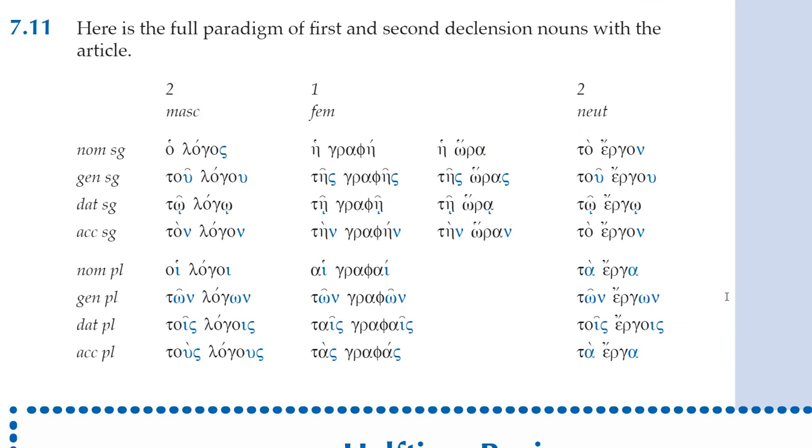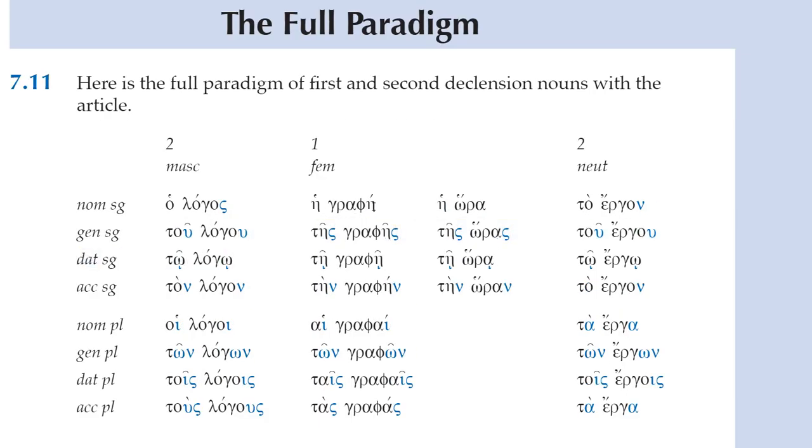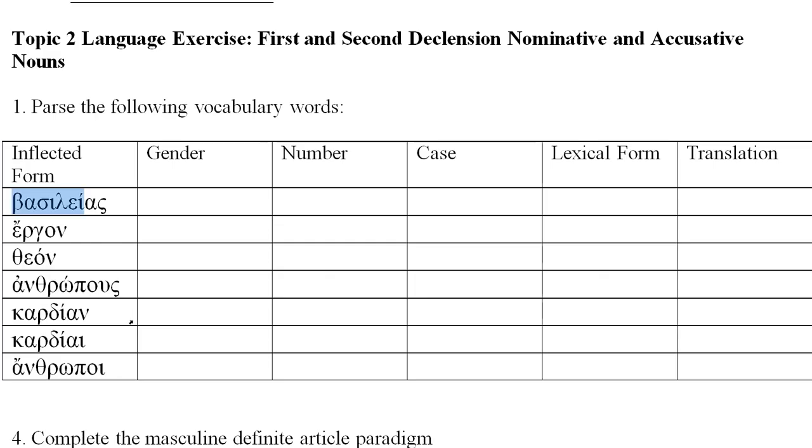Come down to the full paradigm, and notice the endings: as, ou, o, on. And also for feminine, we'll have eta, a, or alpha, as. So you'll get used to the endings, and once we know what the endings are, we can figure out what the stems are. So the stem over here we're looking at is basilei.